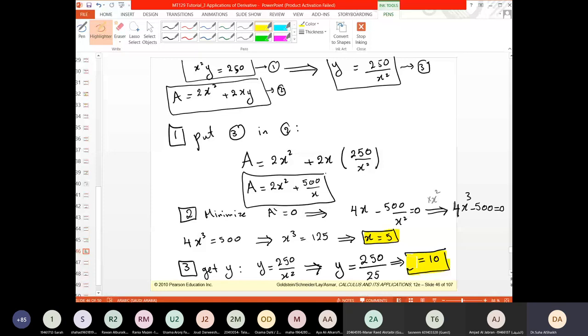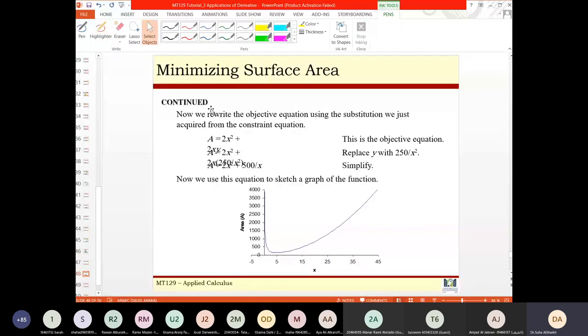They want you to find the x and y, and it's solved in here, and by finishing this, we finish this tutorial.